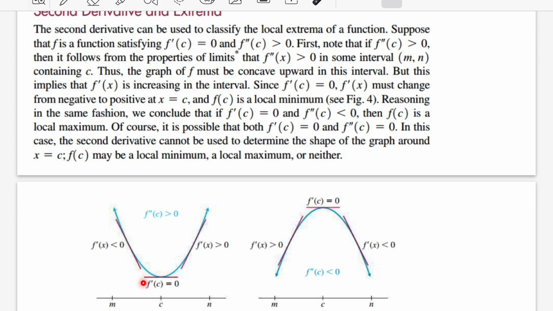We have that our derivative is going to be negative on this side, so our function is going to be decreasing, positive on this side, so increasing on this side, and then we also have that our derivative is going to be equal to 0 at the critical point, which is our horizontal tangent line, and where we have our local minimum. Okay? And by the same reasoning here, when our second derivative is less than 0, we're going to have a maximum here.